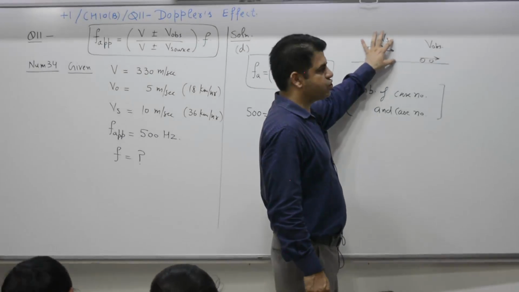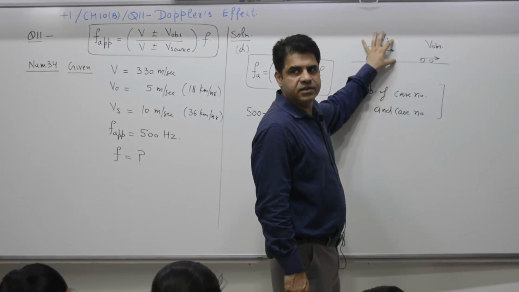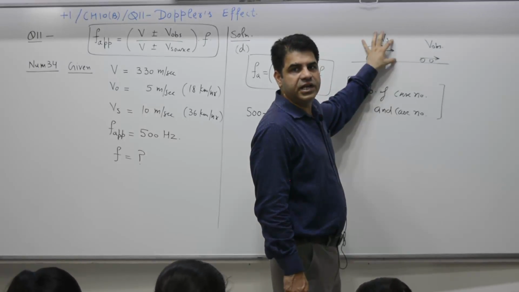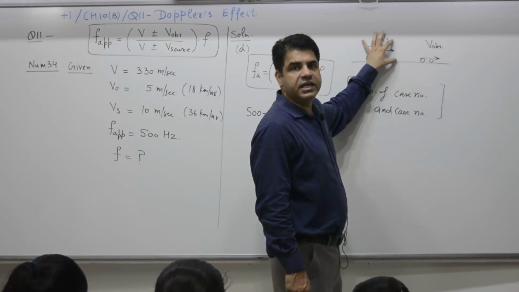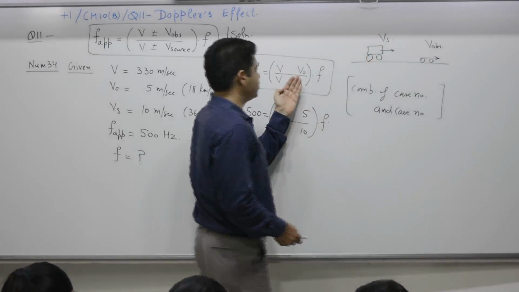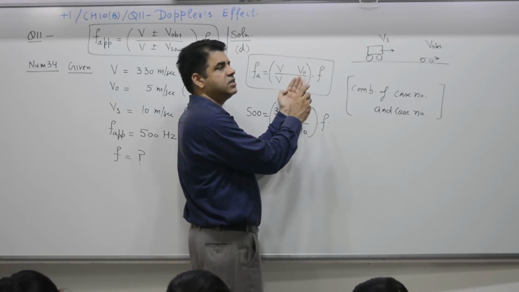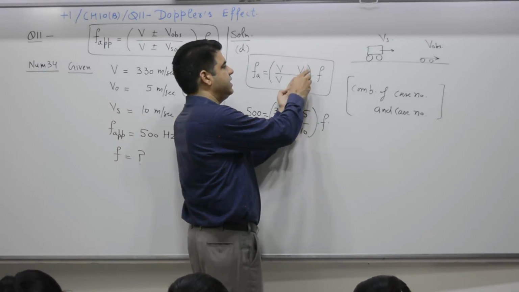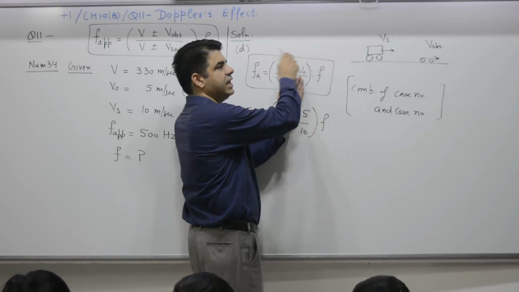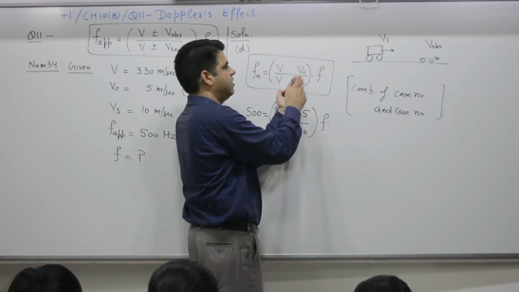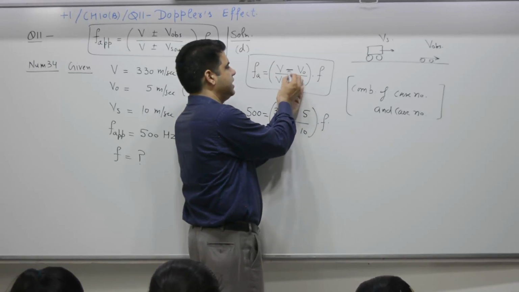Assume source to be at rest. Observer is moving away, will lead to what? Decrease in frequency. So suppose source is at rest, observer is moving away, and it causes a decrease in frequency. If it causes a decrease in frequency, this factor has to be less than 1. How? When the sign is minus.